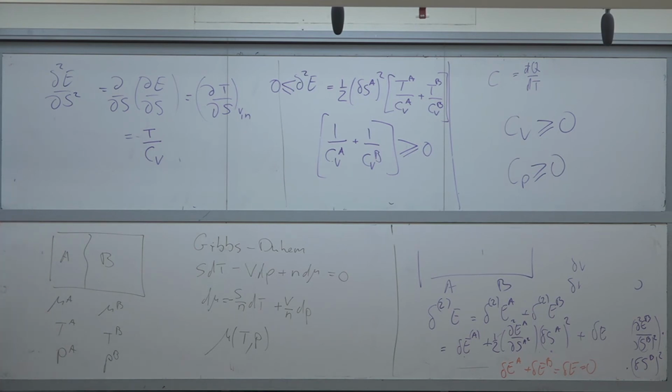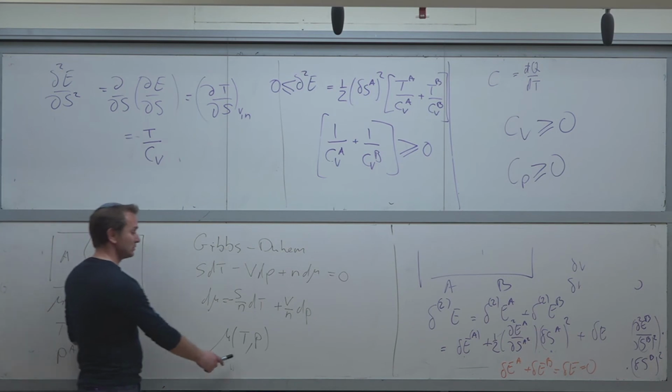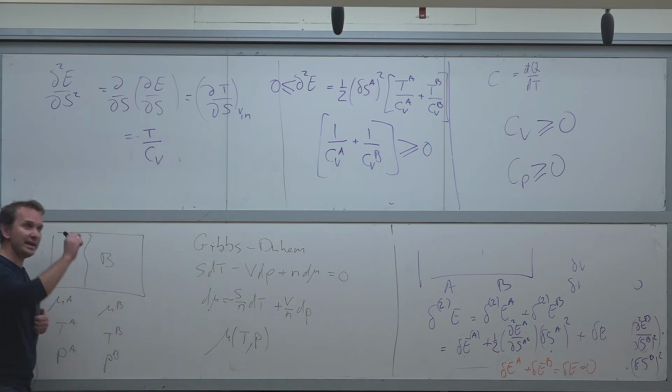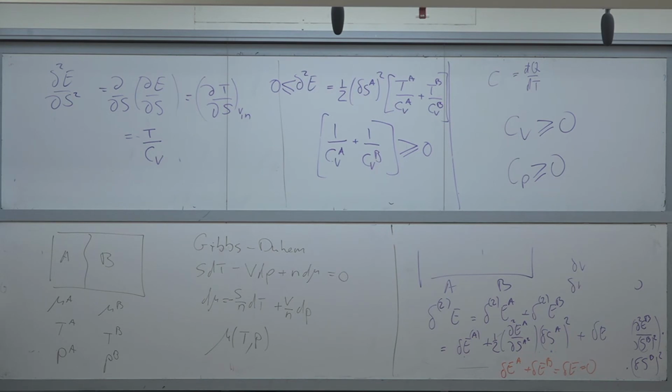But in some situations, mu can have jumps, right? Or mu can be discontinuous, or the derivatives of mu can be discontinuous. Okay? So I can have equivalence of the chemical potentials between the two systems, but how the chemical potential of system A changes when I increase the temperature is different from how the chemical potential of system B changes when I increase the temperature.